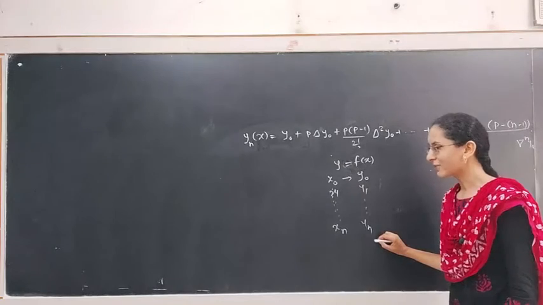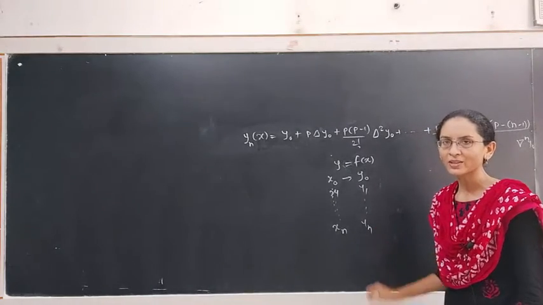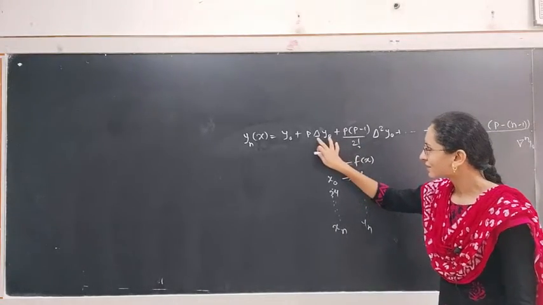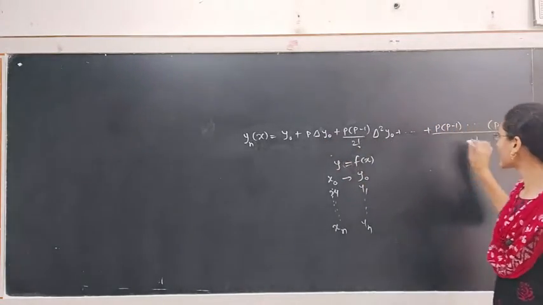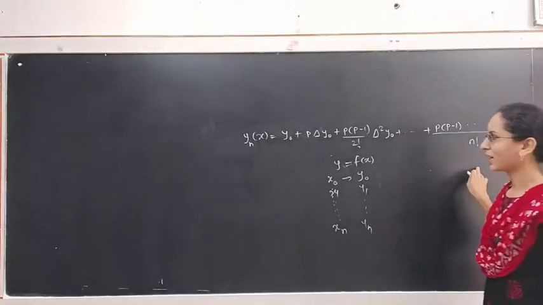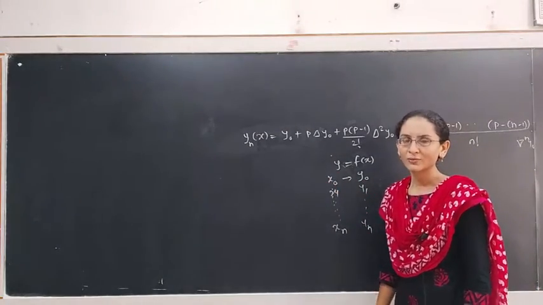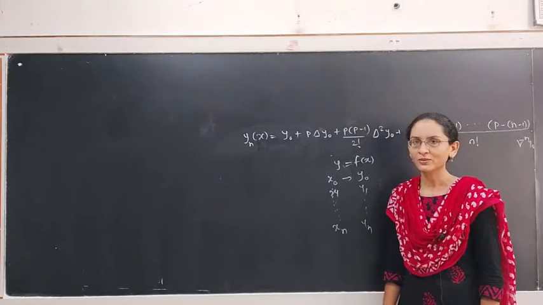From these values, we construct a forward difference table, and from that table, we easily get the values of del y0, del square y0 to del raised to n y0. If we use these values in this formula, it gives Newton's forward interpolation formula.